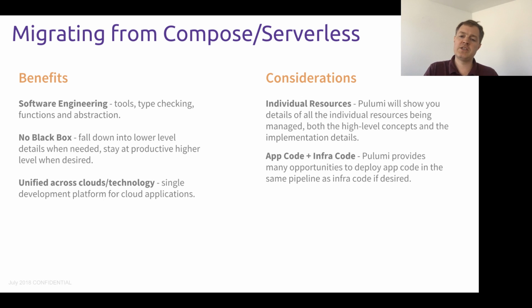The second one is that with many of these tools, they separate the notions of the application code and the infrastructure code. The description of how to deploy the infrastructure lives in a separate file from the description of the actual application code itself, and they're typically versioned on a different cadence.